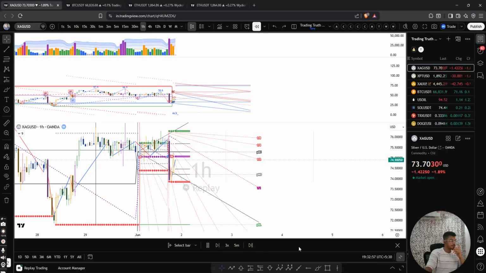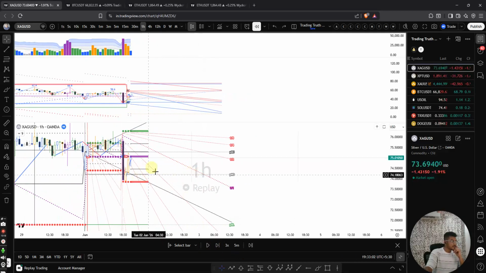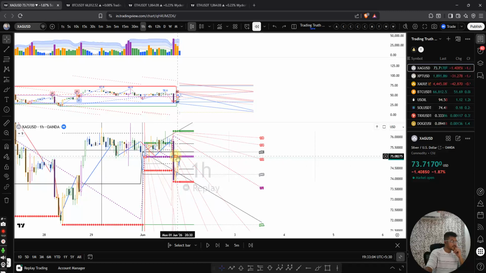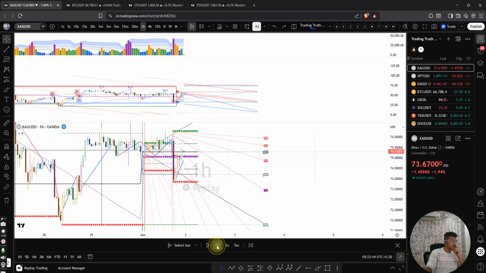Here the market tries to go up, found resistance on this 3 by 1, then it closes there. Here it comes, right? Now we are waiting for the resistance candle to close like that, then we can take a trade.